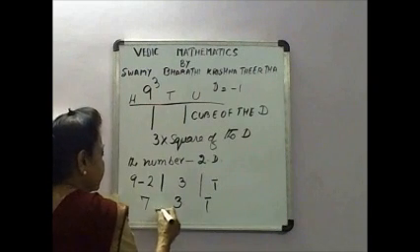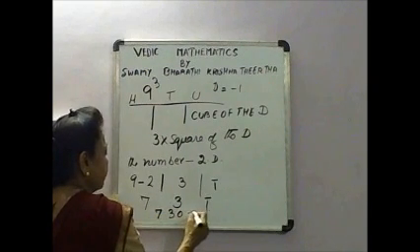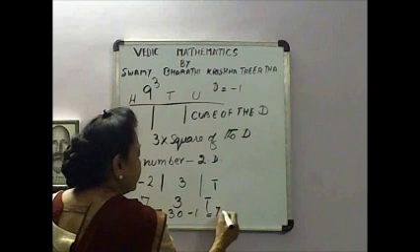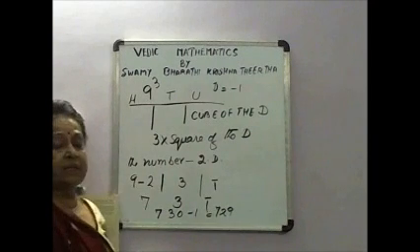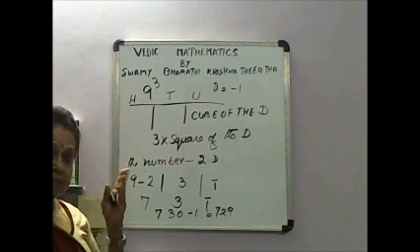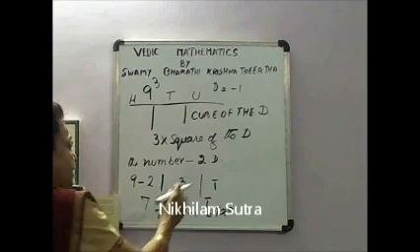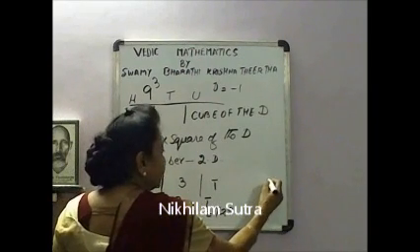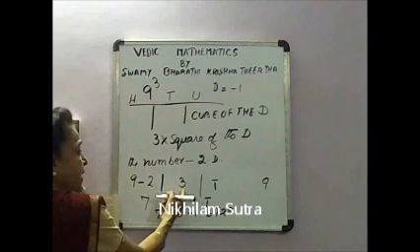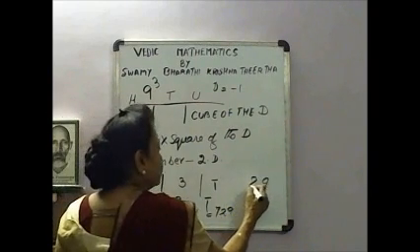It's going to be 730 take away 1, 729. Either we can do it this way or use part of the Nikhilam sutra saying that the last number will be subtracted from 10. So we subtract 1 from 10 and mark it as 9 and make the previous number 1 less.